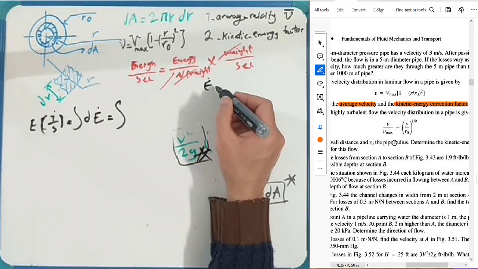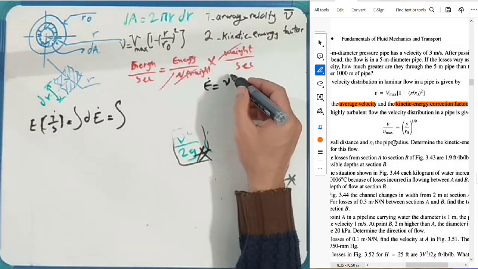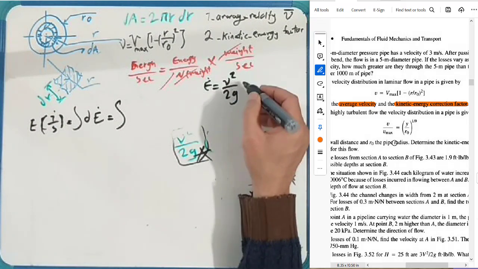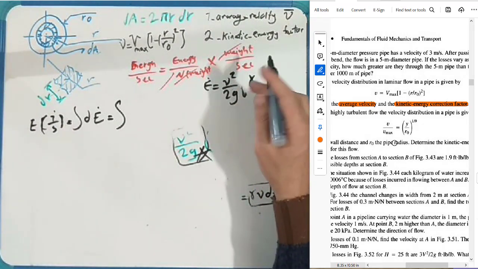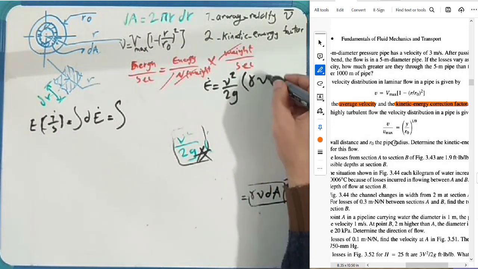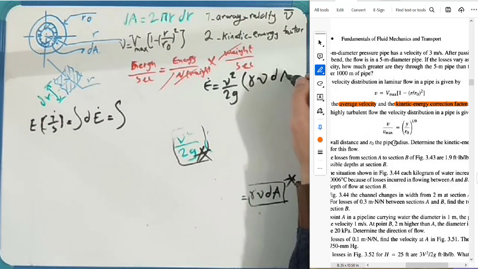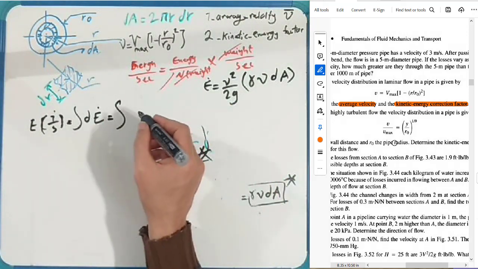E dot equals nu squared over 2g multiplied by gamma nu dA. Okay, this is E dot. Let's do it.